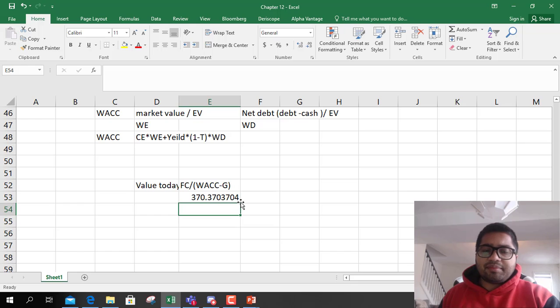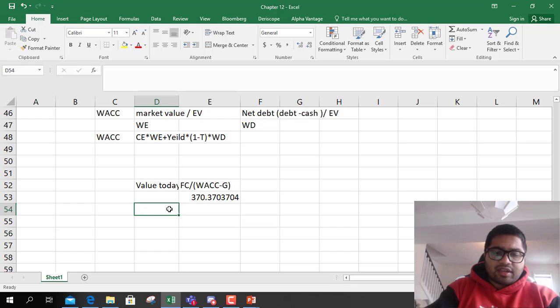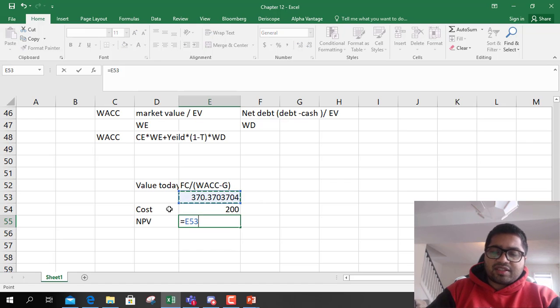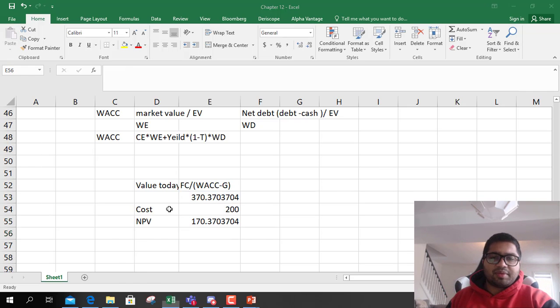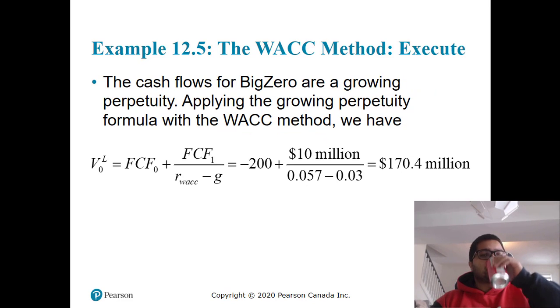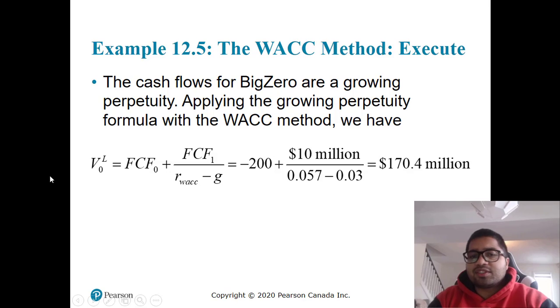So 370 million is the value today. Now to generate this, the cost is 200 million. So net present value, the benefit from the project, is present value of benefits minus present value of cost. So it is 170 million. So that is what they have done: 10 million divided by 5.7% minus 3%, and subtract 200.